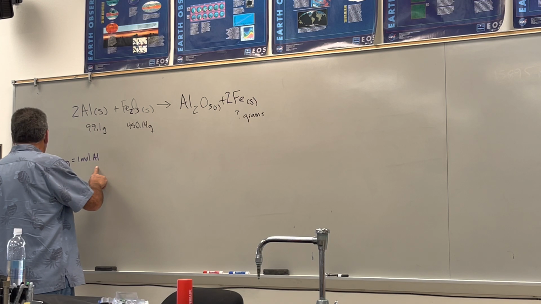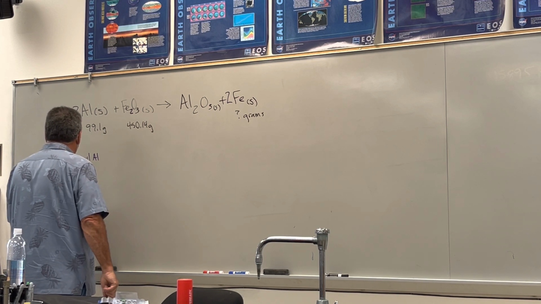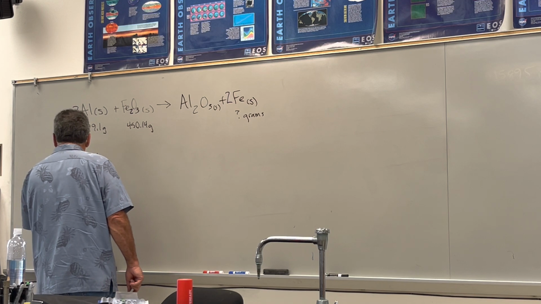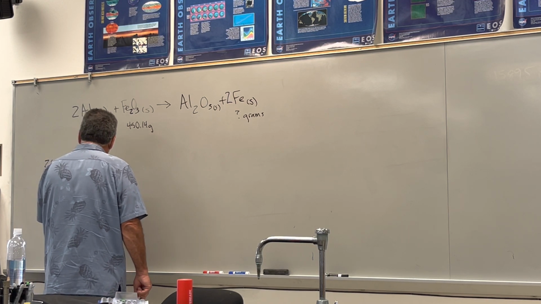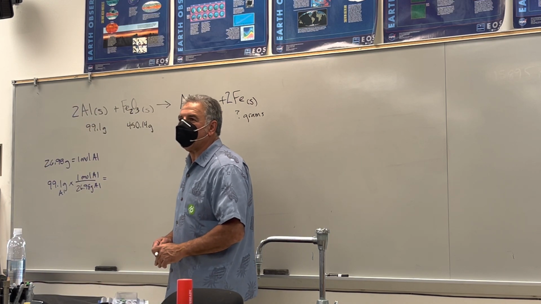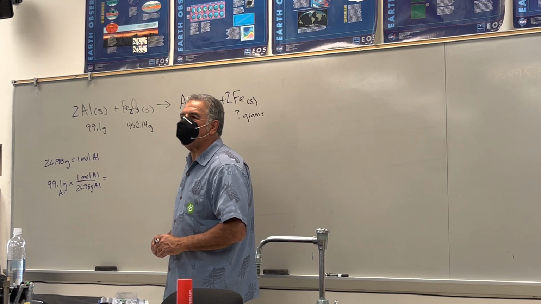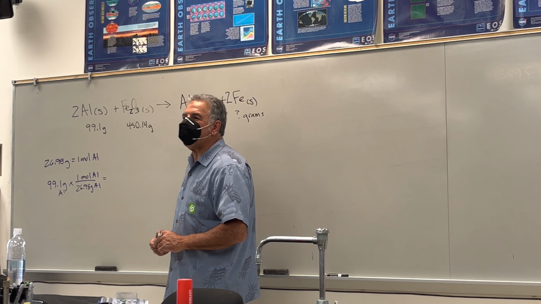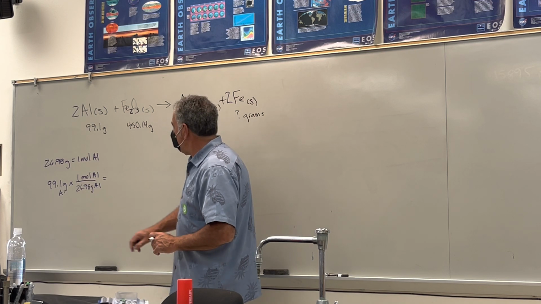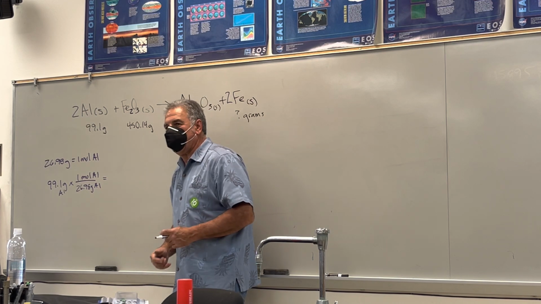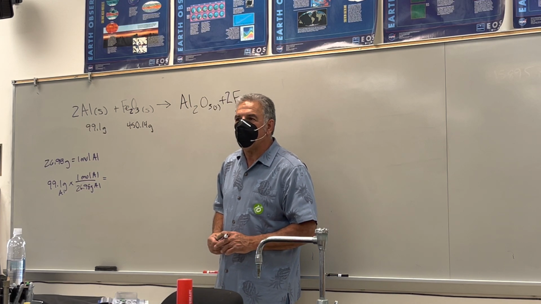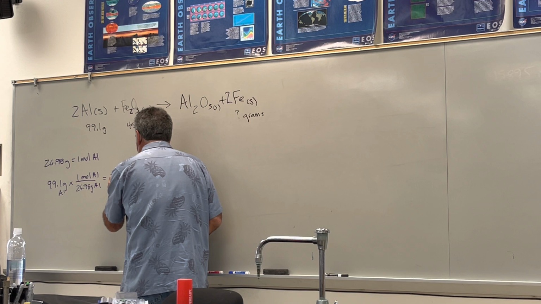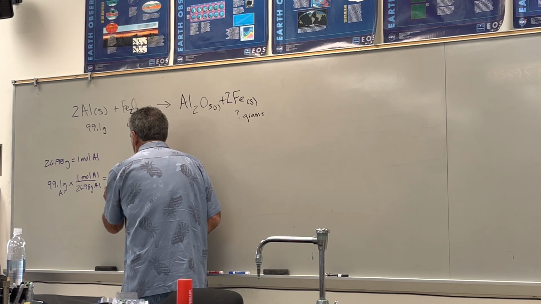Okay, and we have 99.1 grams, so 99.1 grams times 1 mole aluminum over 26.98 grams of aluminum, and that comes out to 99.1 divided by 26.98, which is 3.673 moles.